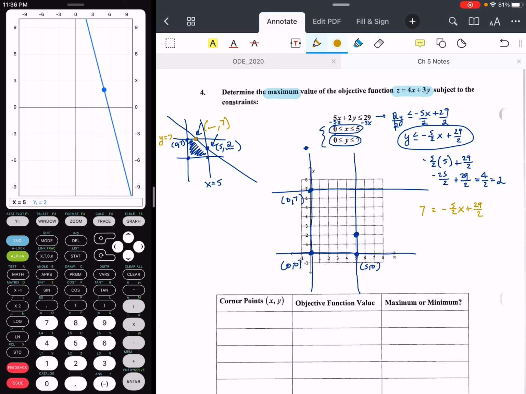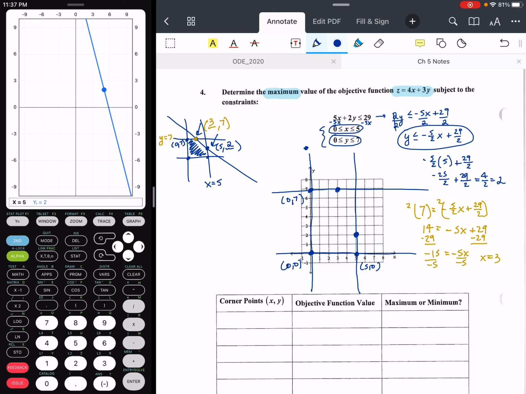And then I can solve for x. So first I'm going to clear my fractions, multiply by 2. So I have 14 equals negative 5x plus 29. Subtract 29 from both sides. So negative 15 equals negative 5x. Divide both sides by negative 5. X equals positive 3. So this is also going to intersect at 3, 7.